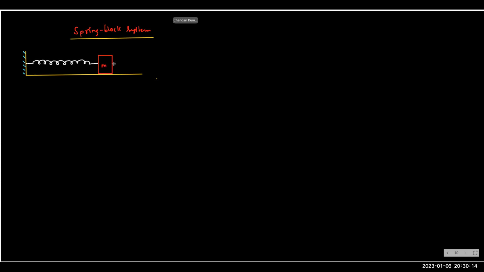And the block is acted upon by a horizontal force F. Now F is the force acted upon the block. Now the spring having the spring constant K, and eventually the block has gone somewhat right, and assume it is at equilibrium. So at equilibrium, for the block, the spring must have some deformation. Let's draw the force diagram for the block.